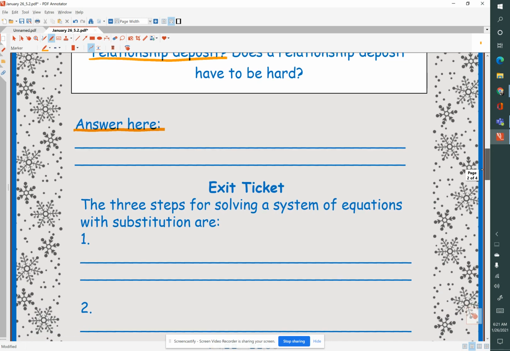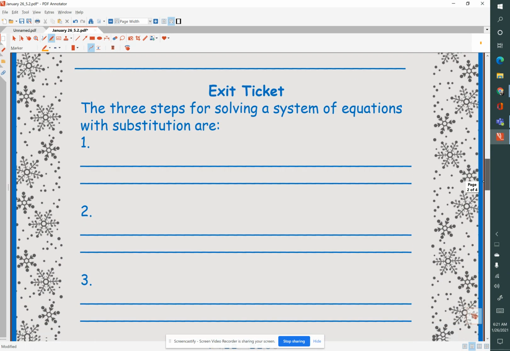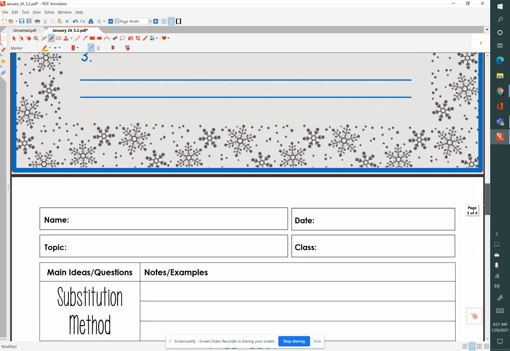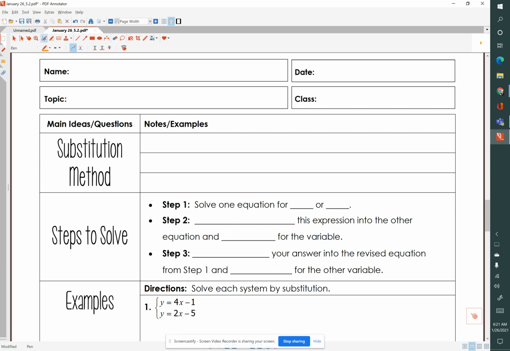So we'll come back to our exit ticket in a minute with the 3 steps for solving a system of equations with substitution. But let's get started right away. So our topic today is using substitution to solve a system of equations.